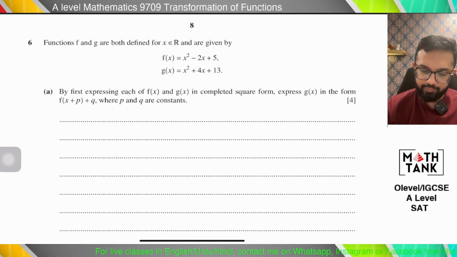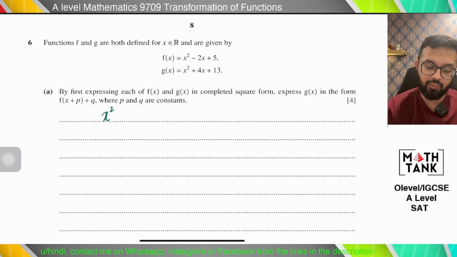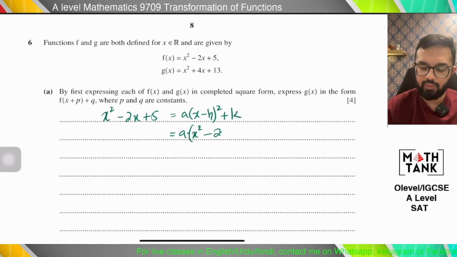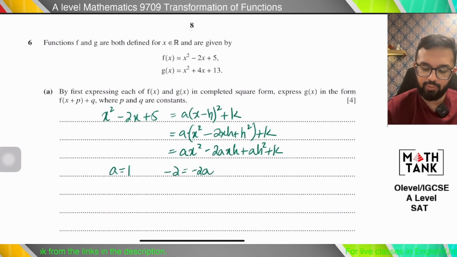Then express f of x and g of x in completed square form. So if I haven't given you completed square forms, you can use the general idea that it's going to be a(x minus h) whole square plus k. So ax square minus 2axh plus ah square plus k. a equals 1, minus 2 equals minus 2ah, so h equals 1.